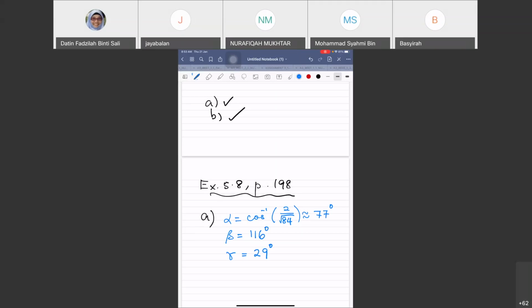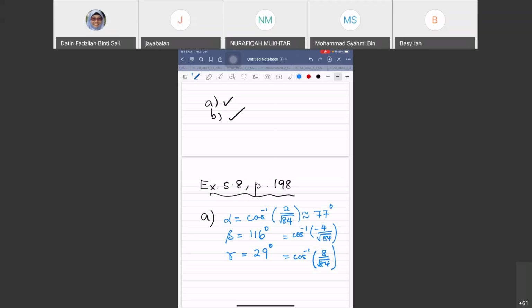Okay, so I hope everybody got this one. Basically, for alpha, beta, gamma, you have that formula. Beta is cosine inverse of the second component, which is -4 divided by the magnitude of vector u, in this case square root of 84. Gamma is cosine inverse of the third component, 8, divided by the magnitude of vector u, which is again square root of 84.